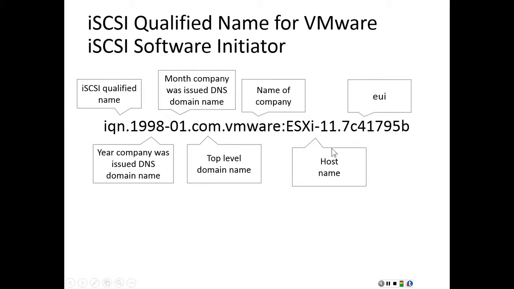ESXi 11 is the name of the host, and this number here, 73C417956, is the EUI, the Extended Unique Identifier, the number that uniquely identifies the hard disk within the ESXi.